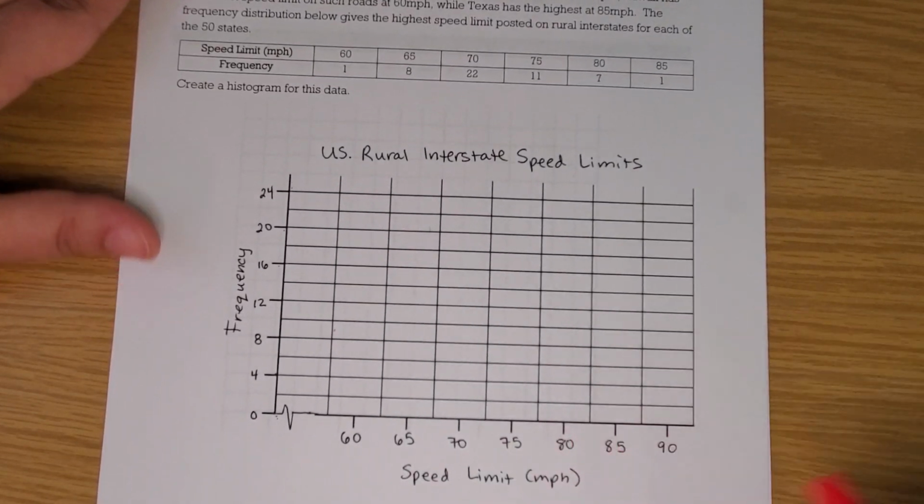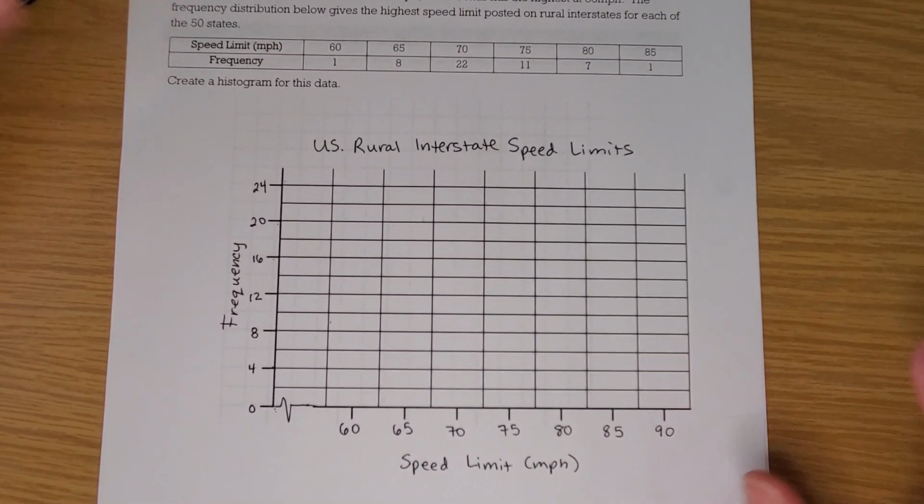Okay, now I'm going to bring out the red pen again just to make it easier for you to see the bars as I draw them. So we're going to draw the bars kind of like we did for our bar graph, but the main difference is we do not skip any spaces between the bars.